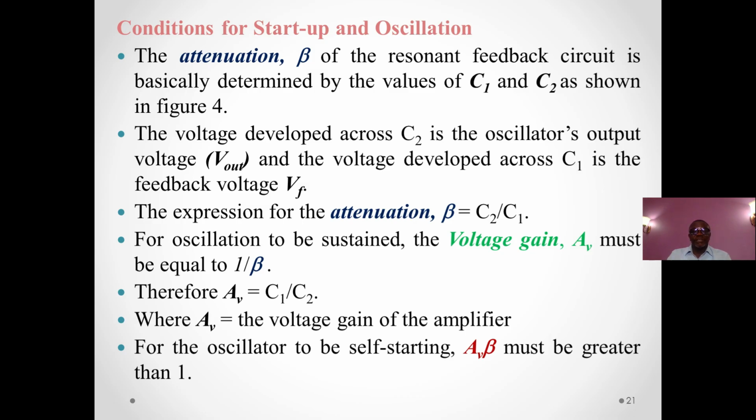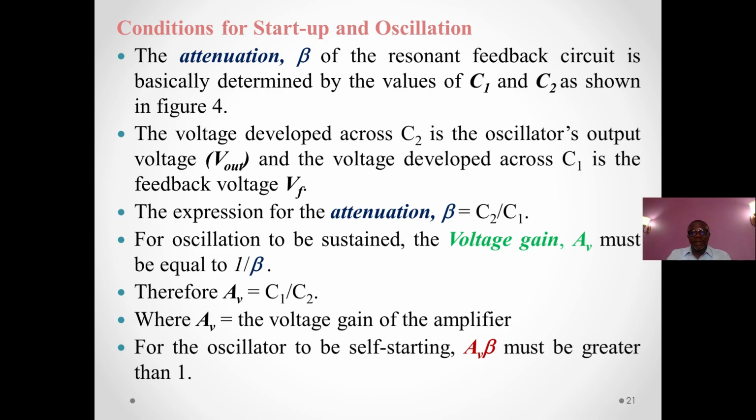So for the oscillator to be self-starting, AV beta, that is the voltage gain times the attenuation, must be greater than 1.